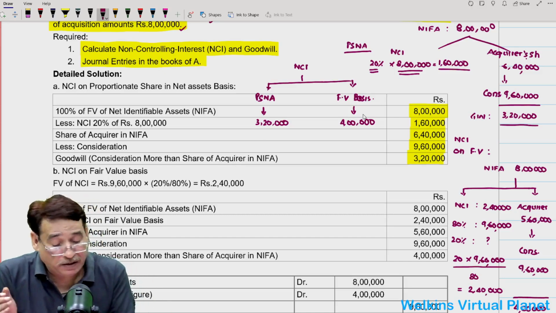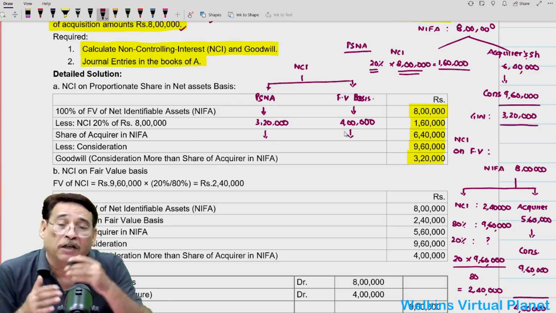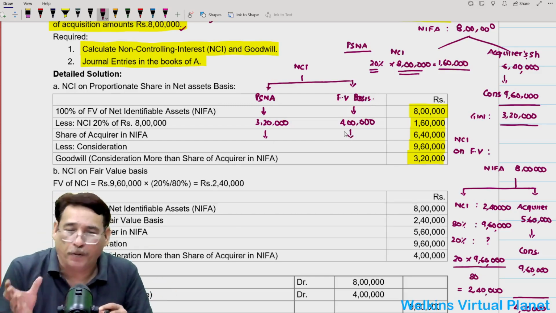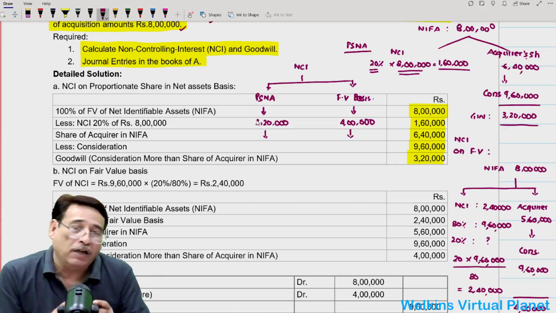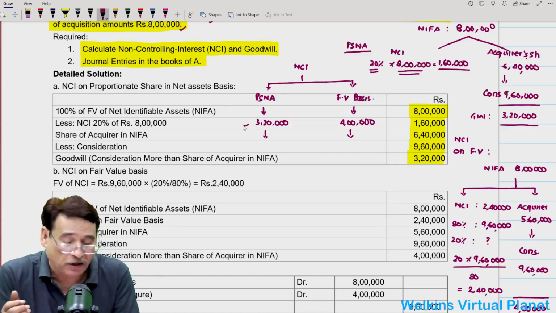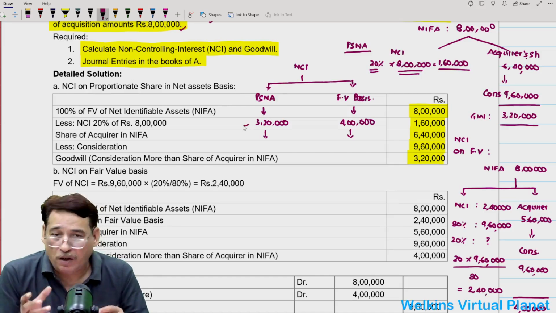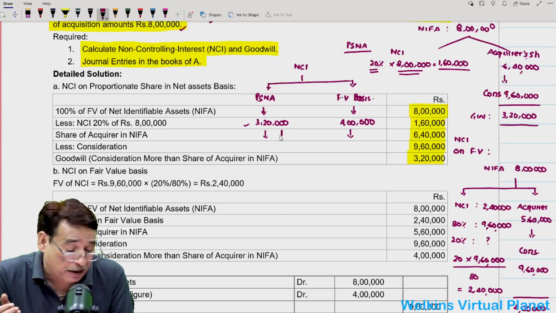Now, you need to understand that whatever amount of goodwill we get ultimately will be reflected in the consolidated balance sheet, which we would prepare later on, correct? So, in the consolidated balance sheet, if I reflect the amount of goodwill at 3,20,000, I must know that this amount of goodwill belongs to the acquirer company only.